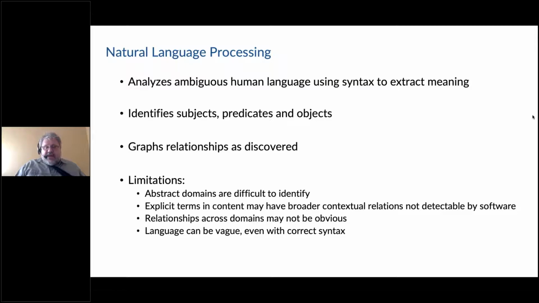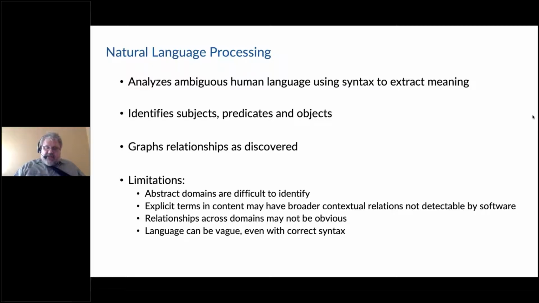So it does this by identifying what the subjects, the predicates, and objects of your statement are, and then graphing those relationships. The difficulty, as we've already seen, is that the same set of words can be valid and have two different meanings. And so the abstract, ambiguous nature of the language can be difficult for the computers to cope with.